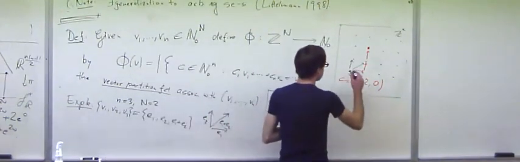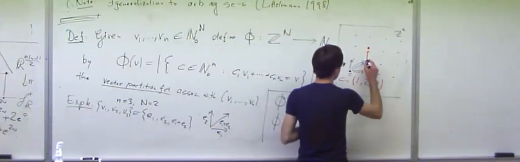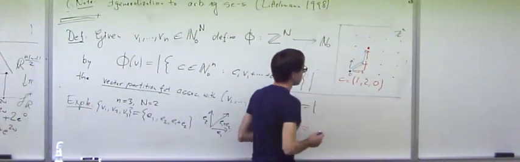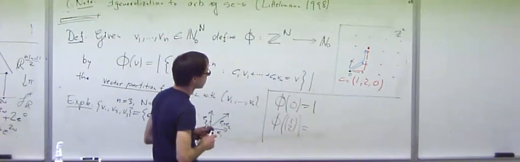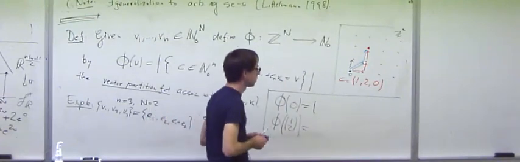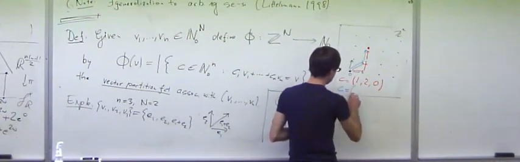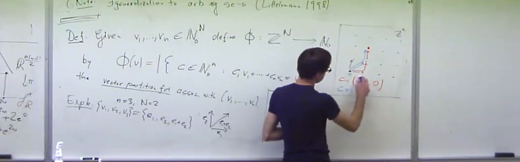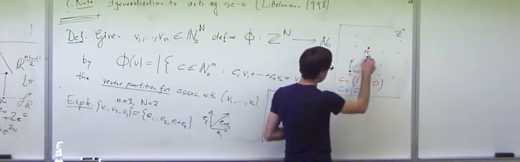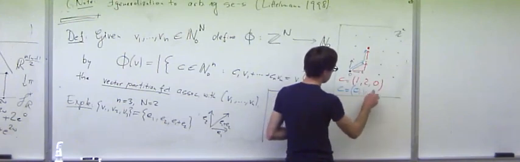Then I could use this possibility. So what's the corresponding c vector here? I don't go to the right at all. I go up once. I go diagonally once.